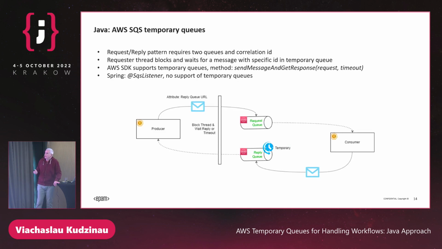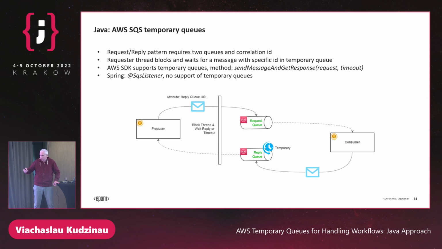Okay, so temporary queues. One thing we need to use is temporary queues. AWS API Gateway kind of gives us this as a built-in feature. This is the request-reply pattern, and it's based on a correlation ID. When the producer produces a message, it generates the correlation ID. It creates a temporary queue on AWS.